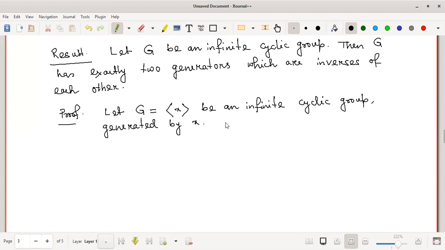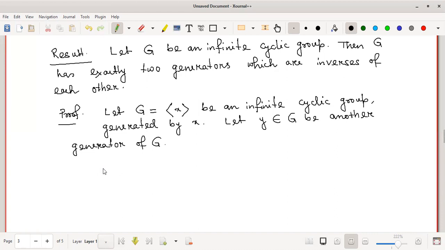Okay. Let y belonging to G be another generator of G. Okay. So you can express any element of G in terms of x and y, both, correct?